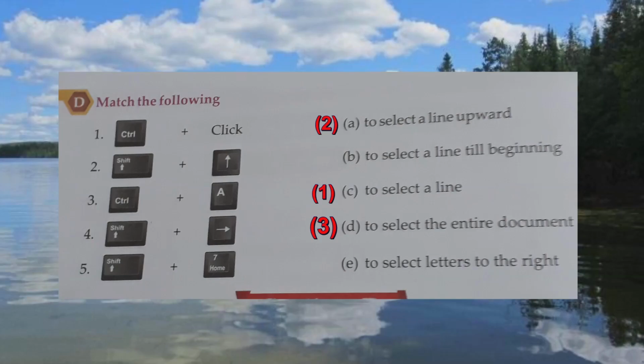Now fourth one, Shift plus right arrow to select letters to the right. 4 matches with E. Now fifth question, Shift plus Home to select a line till beginning, B. So the matching is like this. 1 matches with C, 2 A, 3 D, 4 E and 5 B.